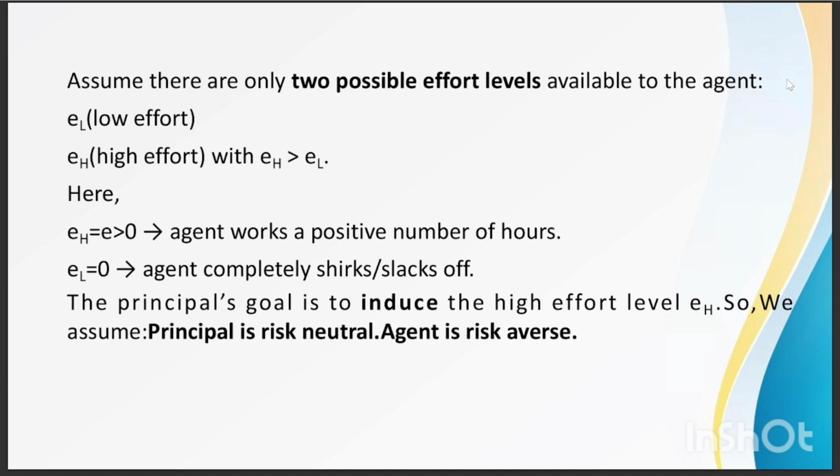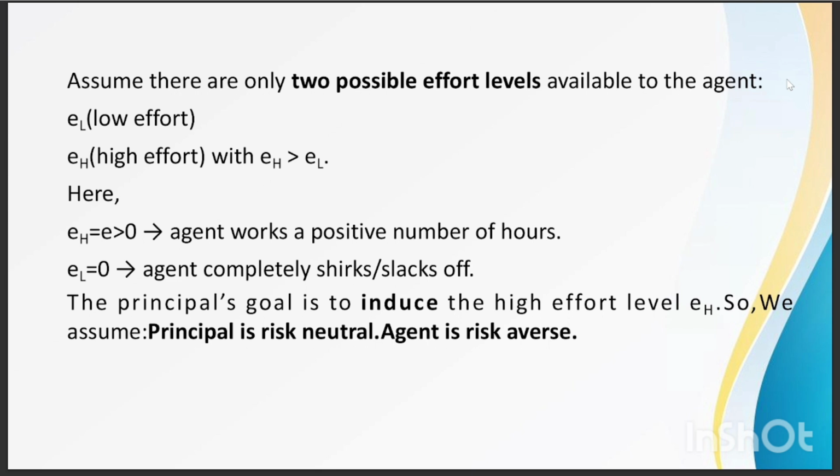To keep things simple, we assume two effort levels are available. One is low effort and the other is high effort. Low effort means EL is equal to 0, shirking or not working. And high effort means EH is equal to E, which is greater than 0, which means actually working.